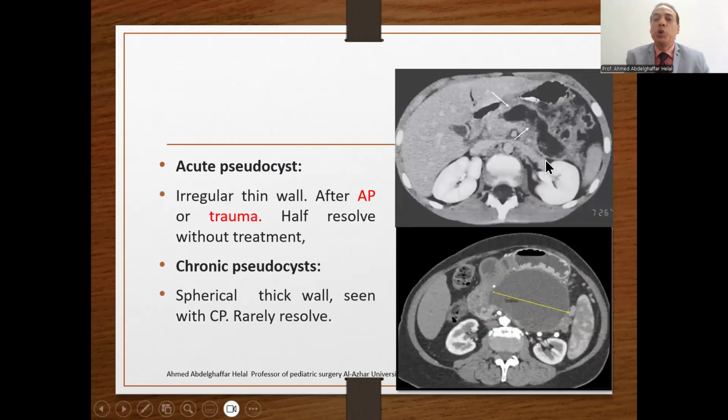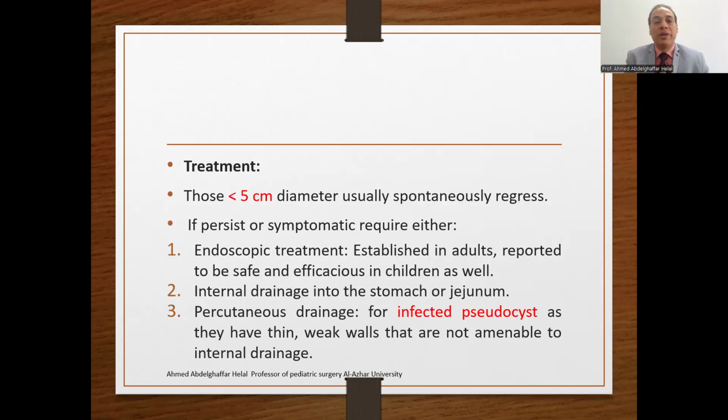We may have an acute pseudocyst, which has a thin, irregular wall, and half of these resolve without treatment. And we may have a chronic pseudocyst, spherical with a thick wall, which needs intervention. So the differentiation between the two types is of utmost importance for the pediatric surgeon. For a pseudocyst of less than 5 cm in diameter, it usually regresses spontaneously.